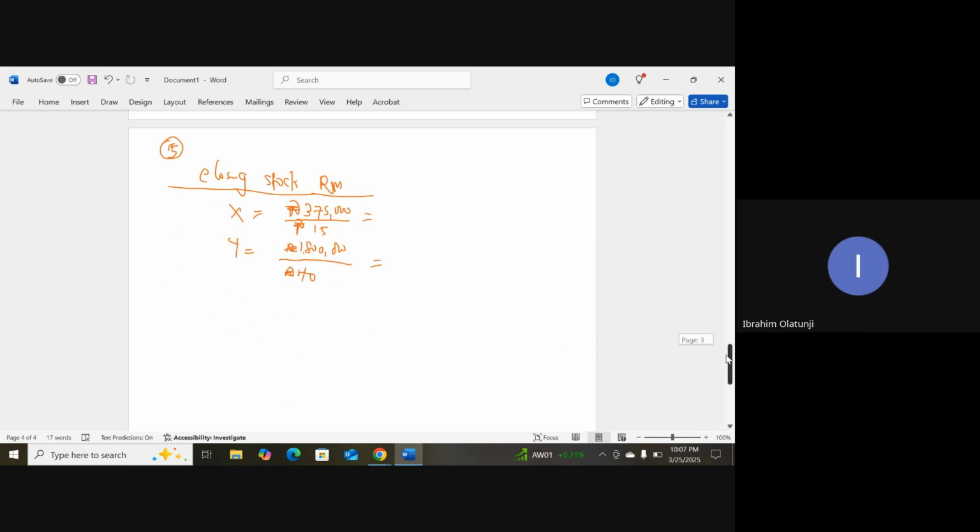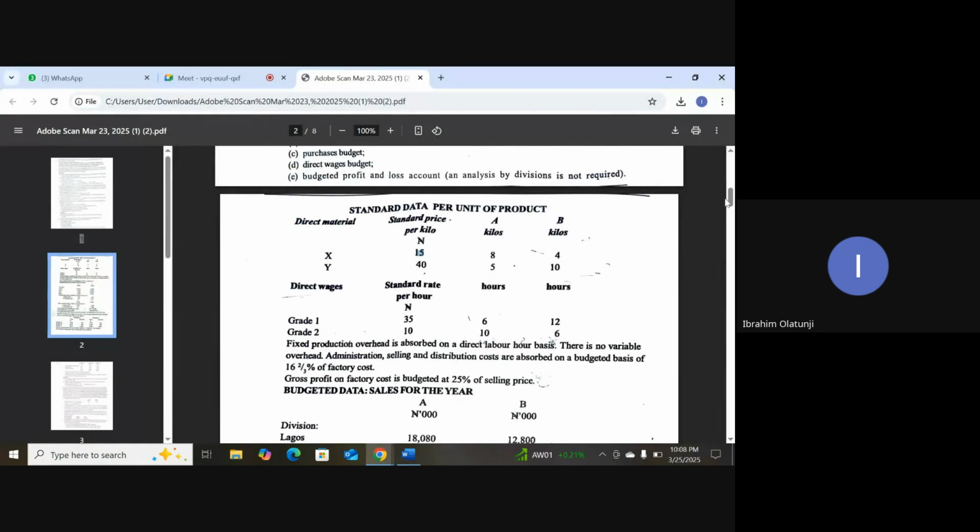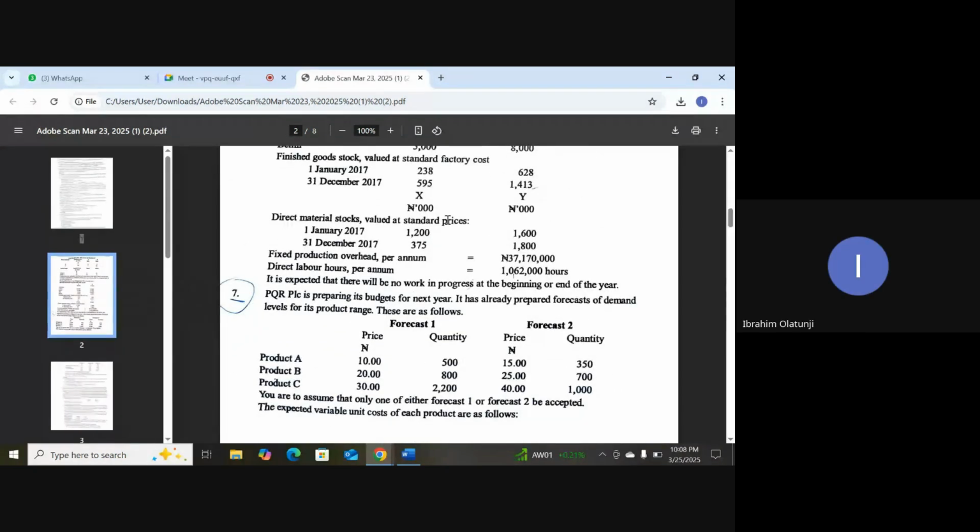Then we now move to opening stock of raw material. We have X and Y. For X, how much is our opening raw material, because January is our opening?